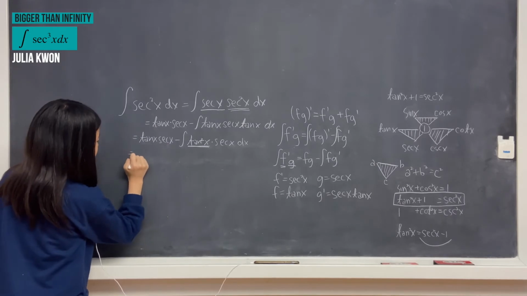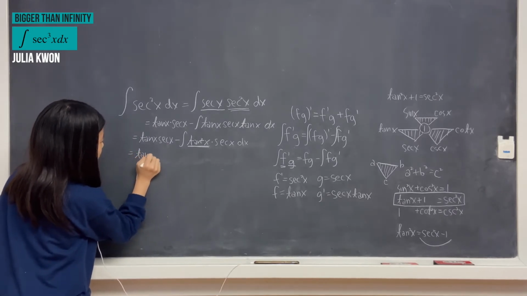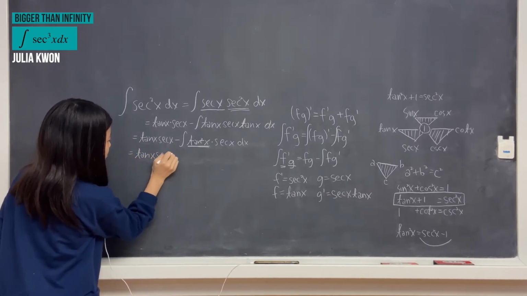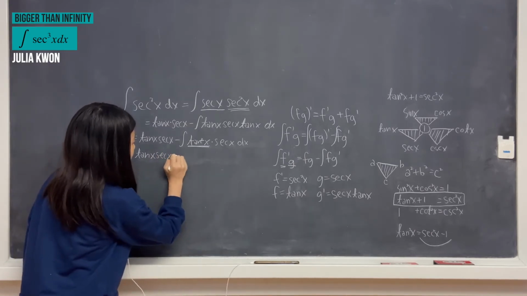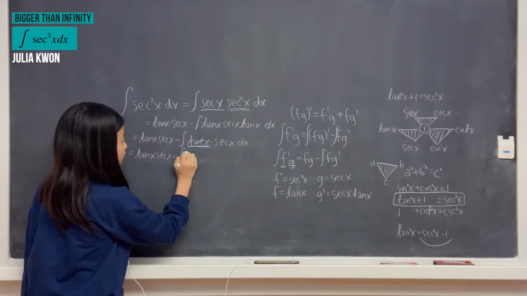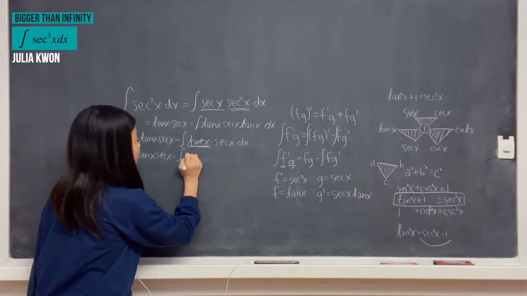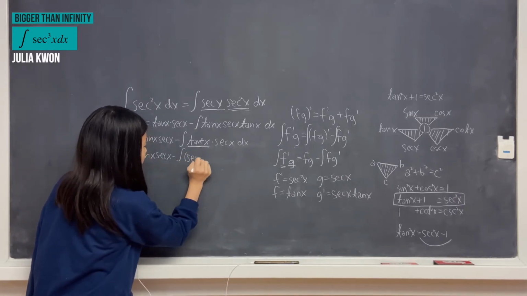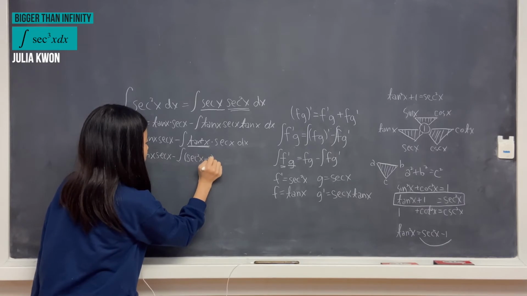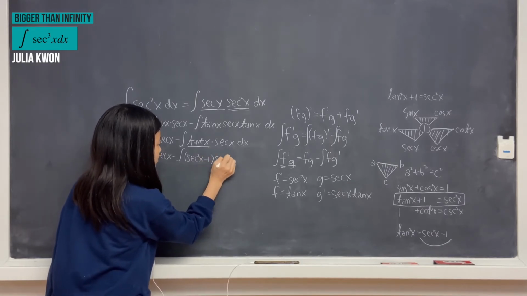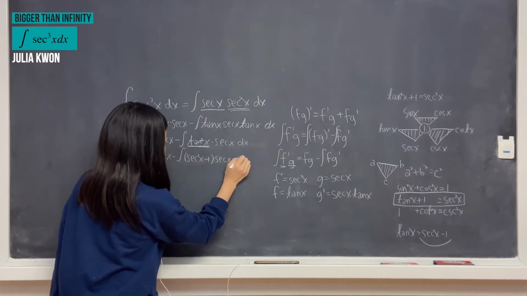And so this is equal to tangent x times secant x minus the integral of tangent x squared, which is secant x squared minus 1, times secant x dx.